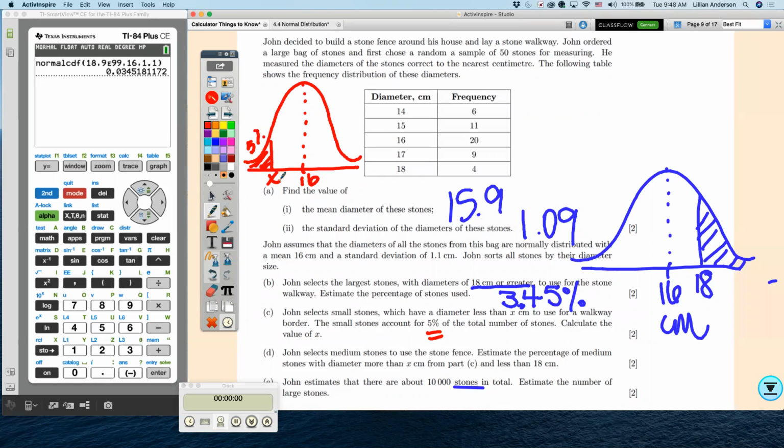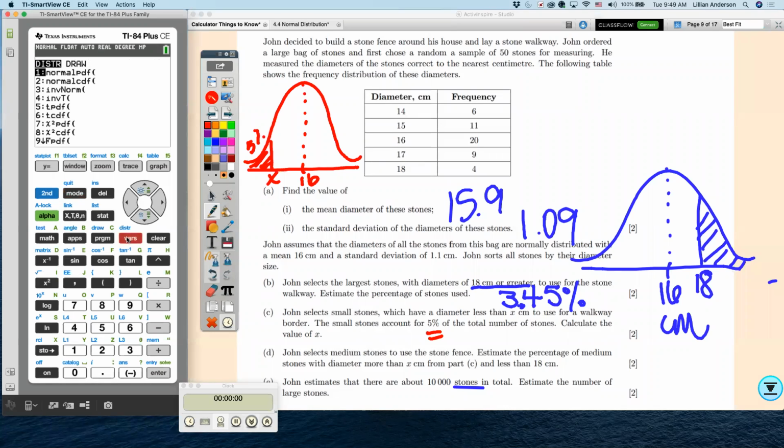Inverse norm. You use the inverse norm to find the X value. So second vars, option 3. Again, you use inverse norm when you're looking for an X value, a number along the X axis of the normal distribution. Normal CDF is what you use for a probability.